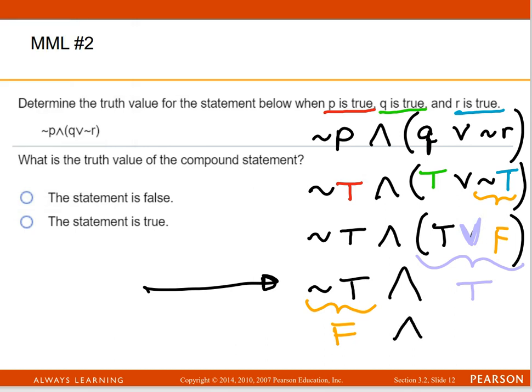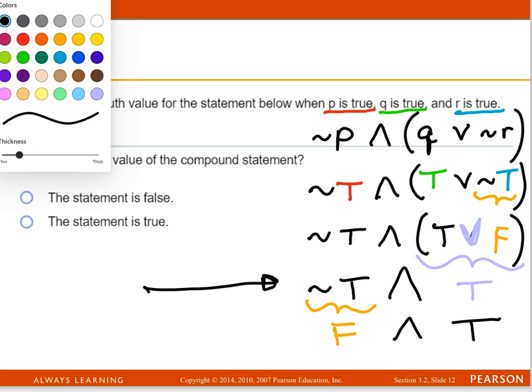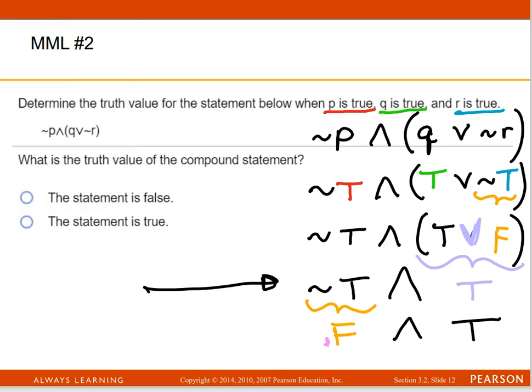And so now I'm down to my last calculation, which is the false and true. And remember, on an and, how about pink? There we go, pink. If you're doing a false and a true, the only time you get a true on a conjunction, on an and, is when they're both true. So this is a false.